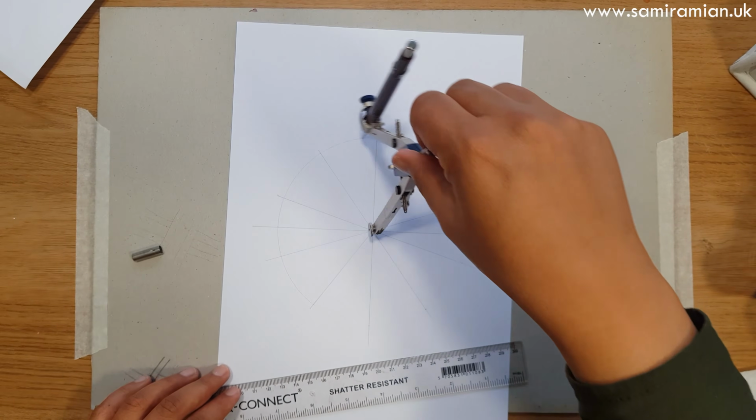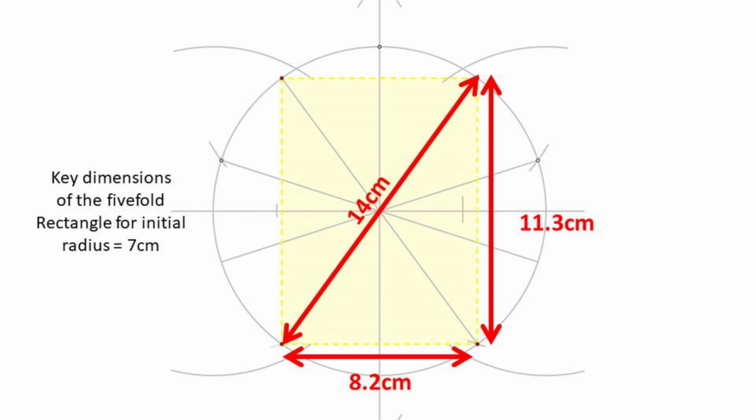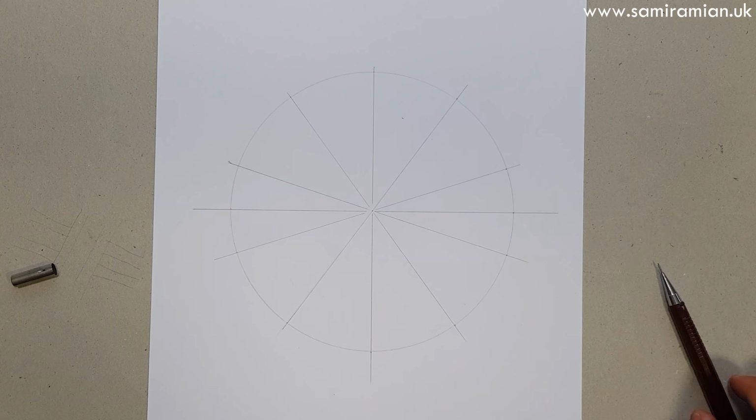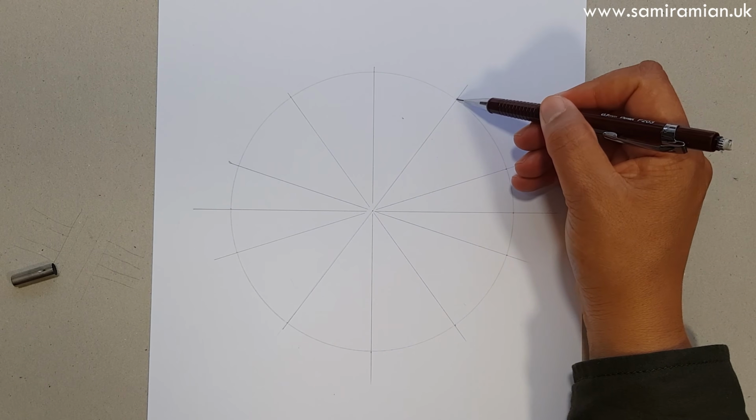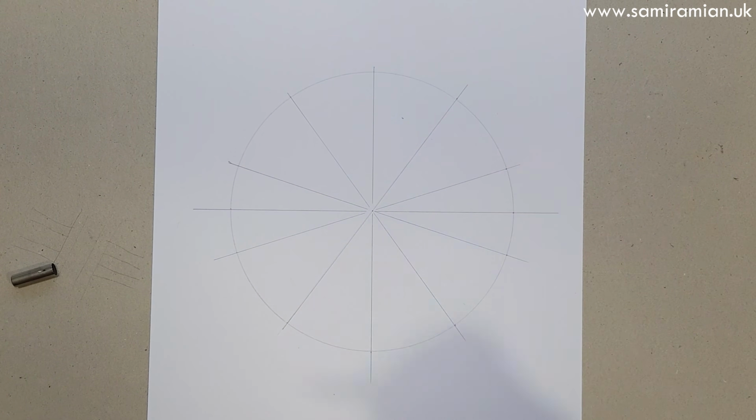And so the first thing is our rectangle, and it's joining 1, 2, 3, and 4 points.